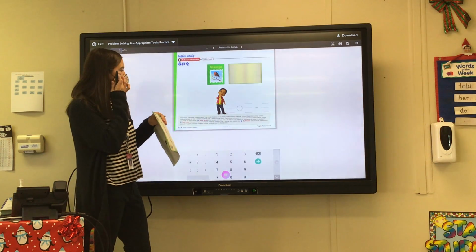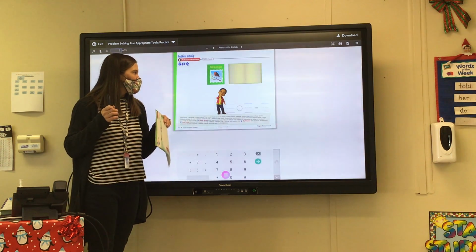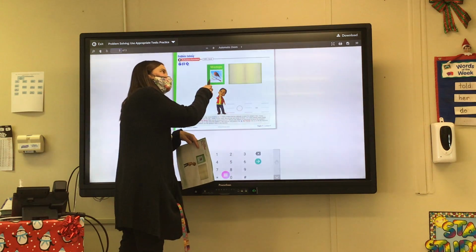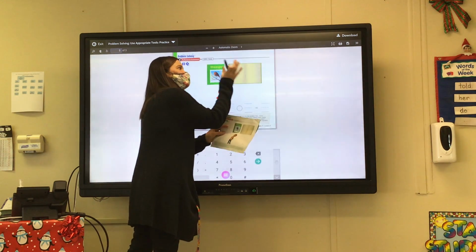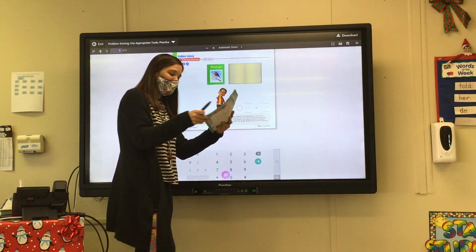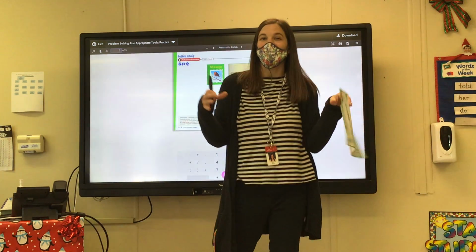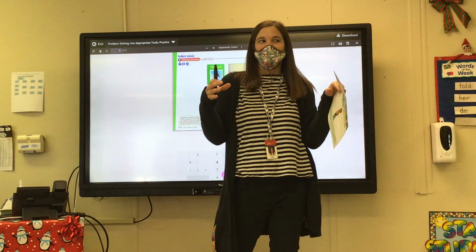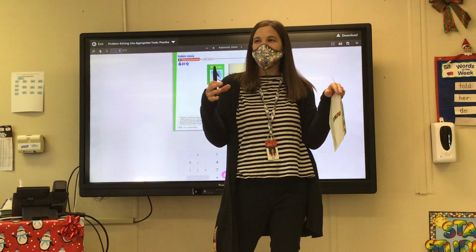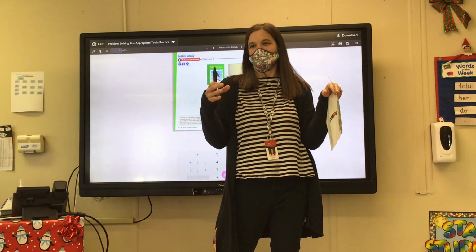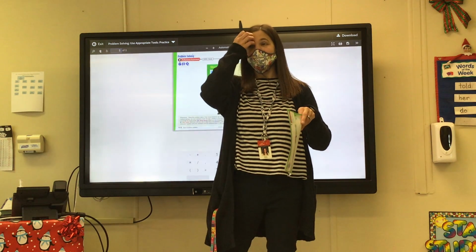If Carlos has 1 stamp on the front cover, he puts more stamps in his book, and he's going to have 9 stamps in all. Are we adding or are we subtracting? Good job, Jax. We're adding.